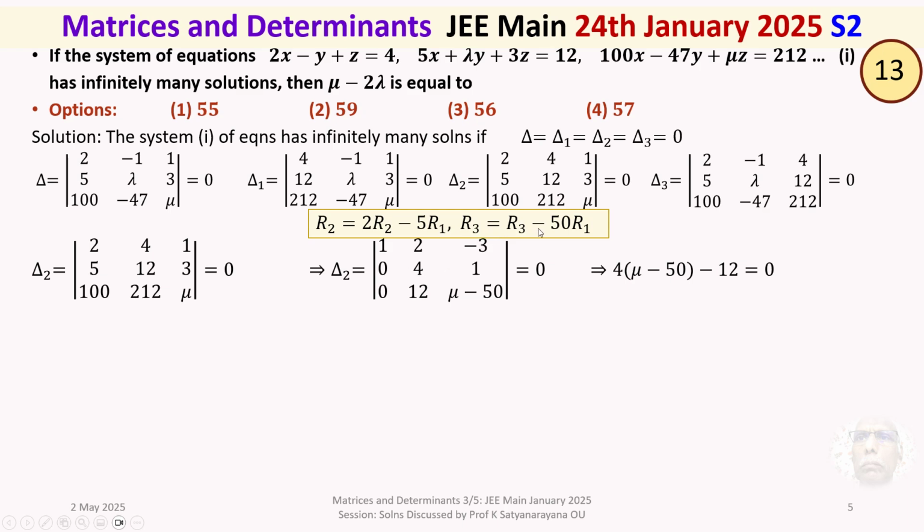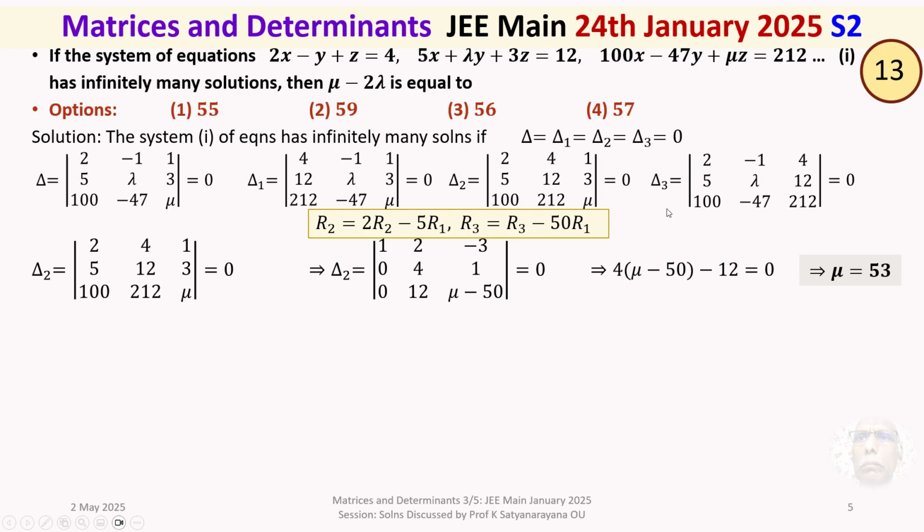R3 is R3 minus 50 times R1, thereby this becomes 0. Now expand the determinant by its first column. Then it will be 4 times mu minus 50, 4 times mu minus 50 minus 12 is equal to 0. Evaluate, you will get mu is equal to 53.